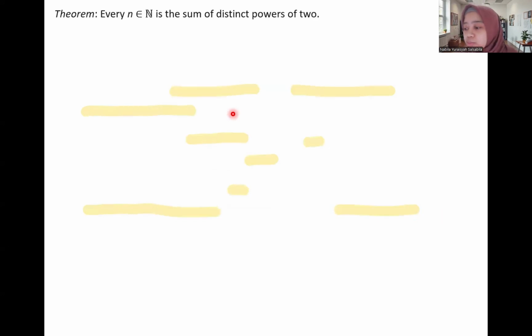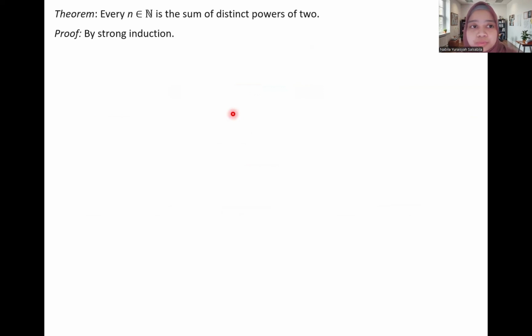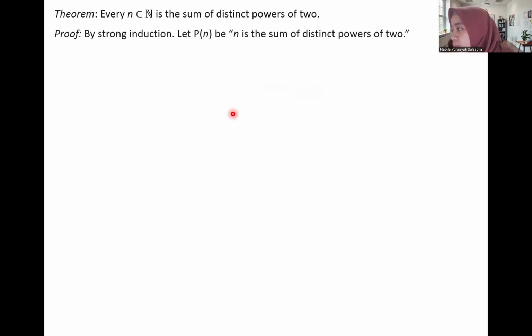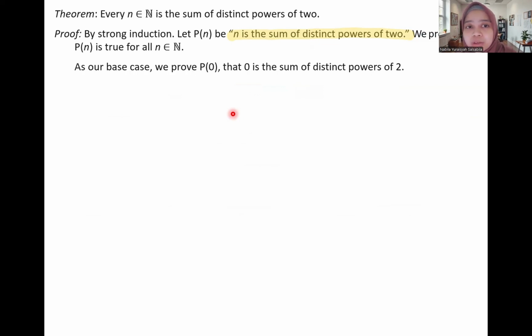Okay, let's try to formalize this as a proof. So we use proof by strong induction. Pn: n is the sum of distinct powers of 2. We prove that Pn is true for all natural numbers. So we prove the base case.